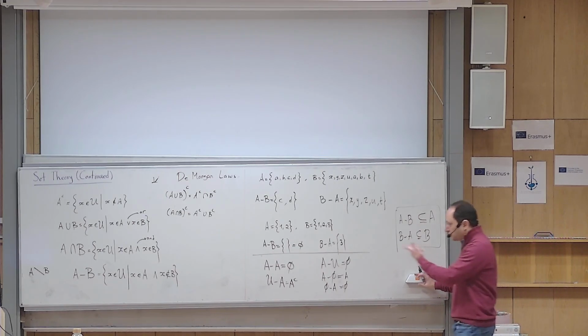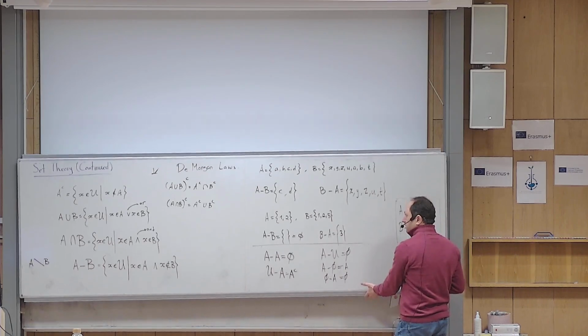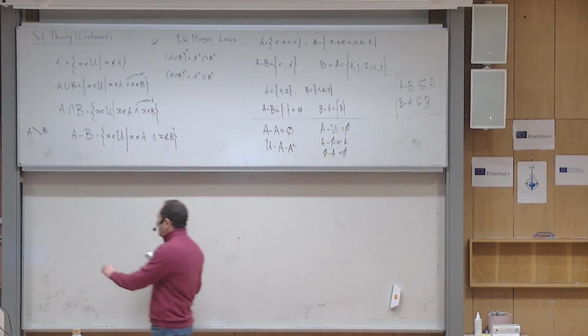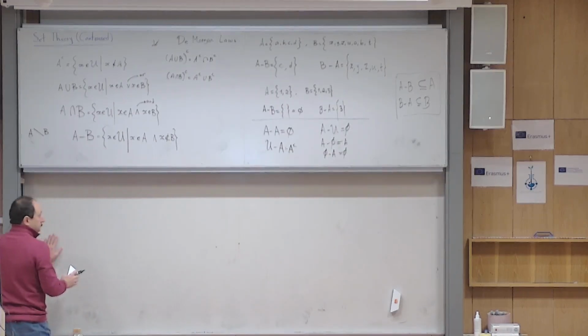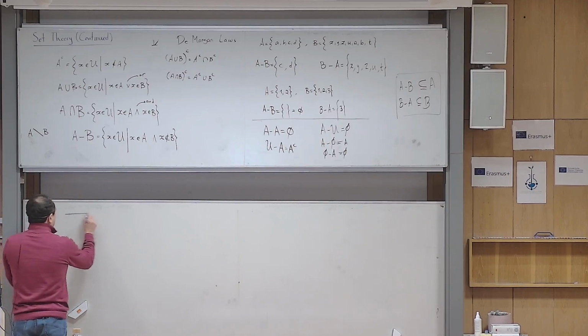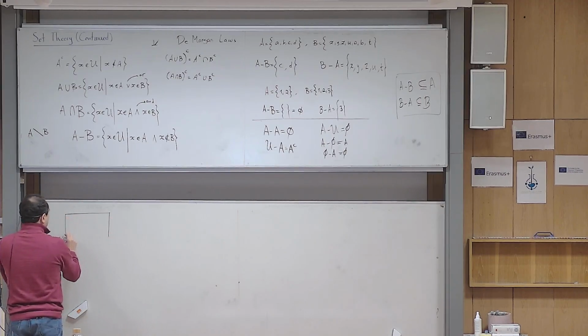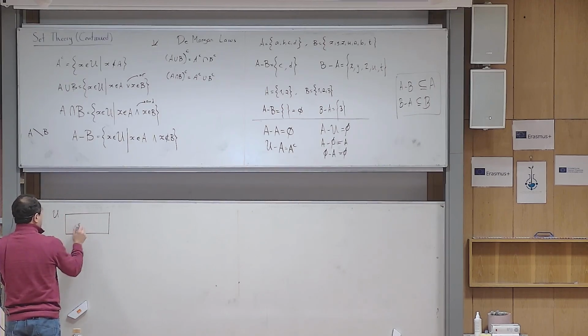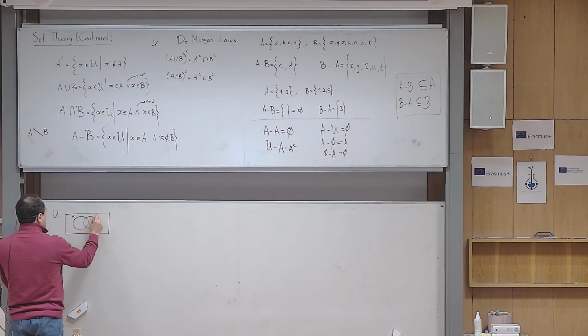Okay, let us try to understand the situation using the Venn diagram. It's an extremely important tool in our hand to visualize set algebra. So let us try to draw a Venn diagram for a typical shape. For example, if this is my universal set, let me take the most general case that A and B are like this.